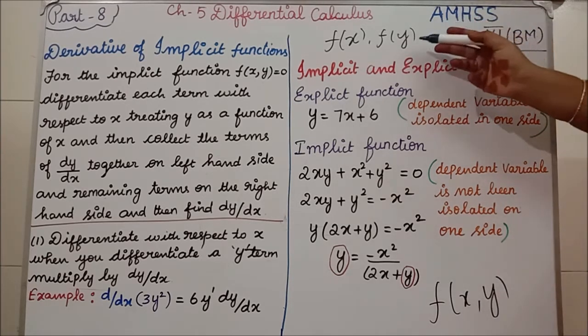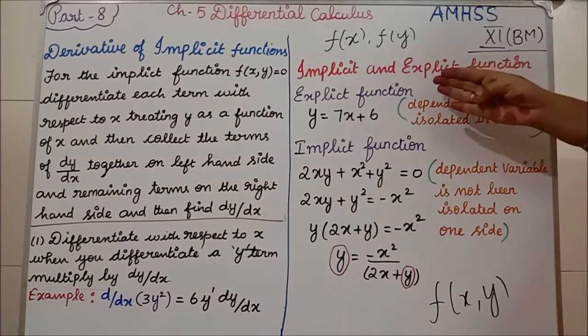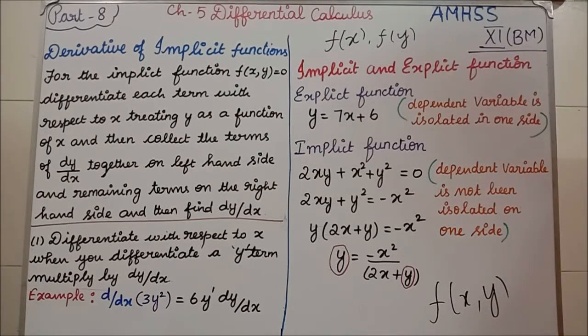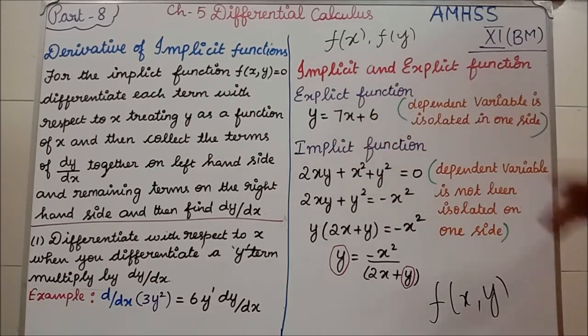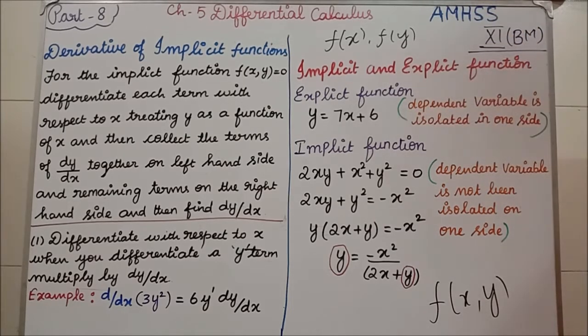That is the difference between implicit and explicit functions. Clear? In an explicit function, on one side one variable will be there and on the other side only the other variable will be there. In all the exercises from 5.1 to 5.5, you will face only this model. If y is on one side, then on the other side there is no y. This type is called an explicit function.